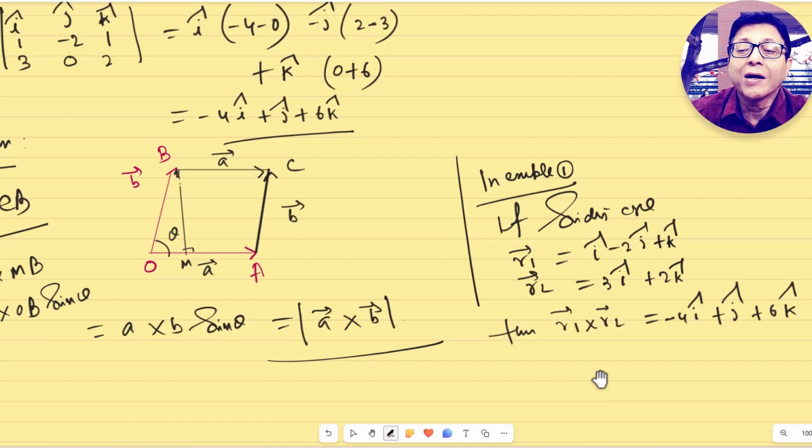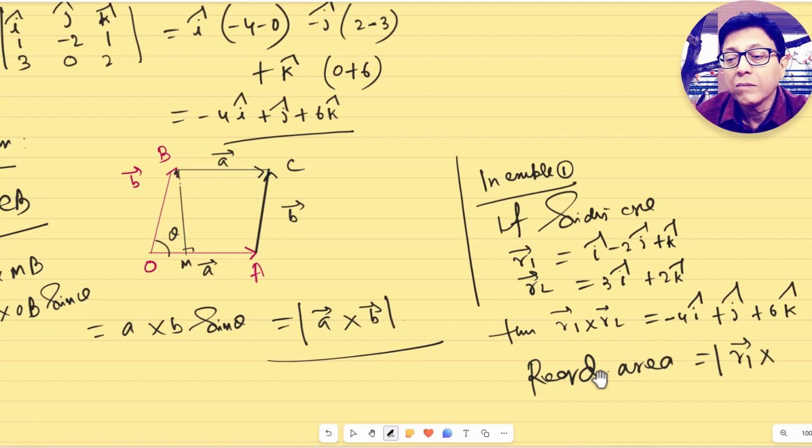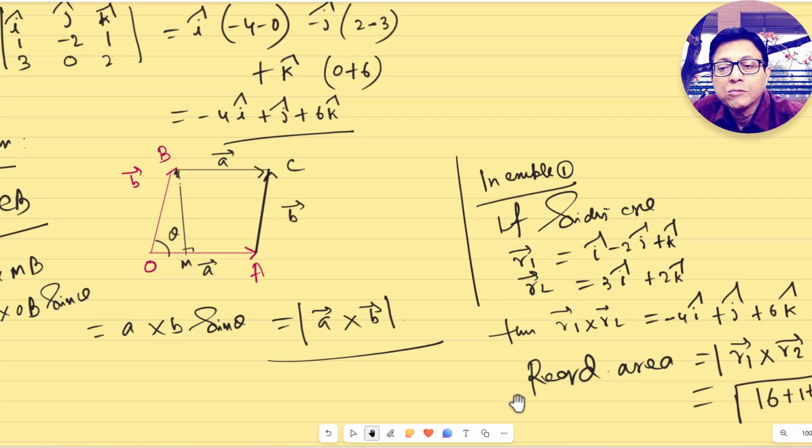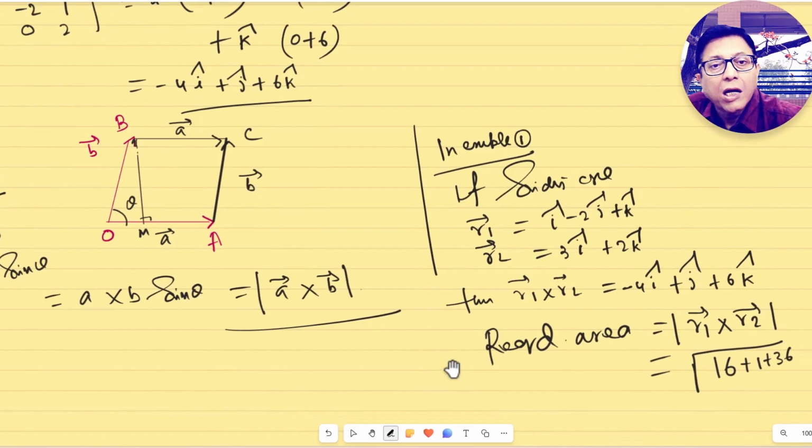You are going to find the area of the parallelogram. So R1 cross R2 you got minus 4I plus J plus 6K. This is R1 cross R2.